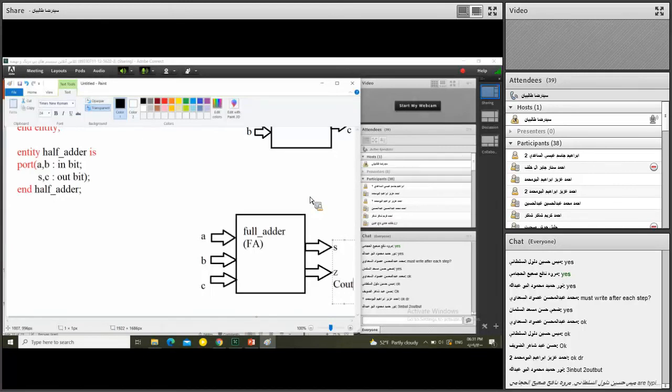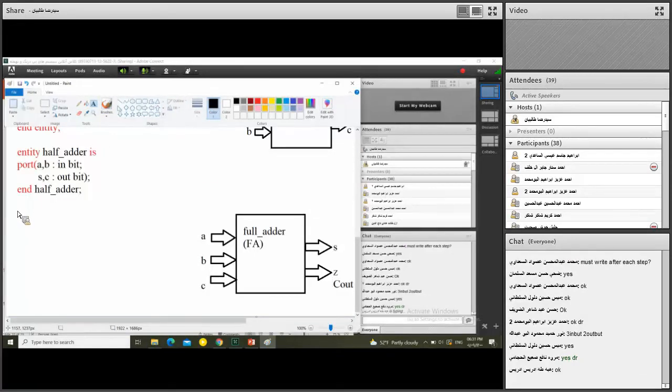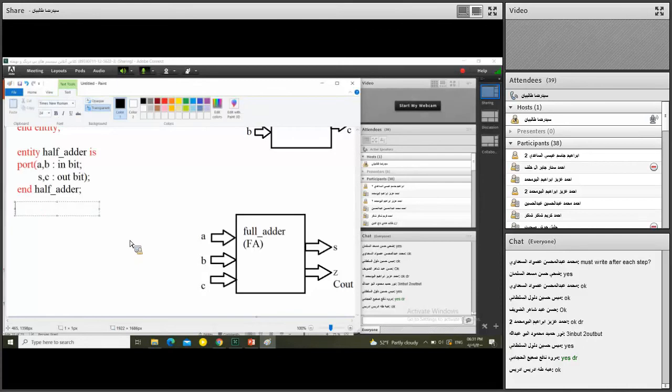Now I want to write the entity definition of this system. I only write the entity of this circuit. We start with the entity keyword. Entity full adder is port.